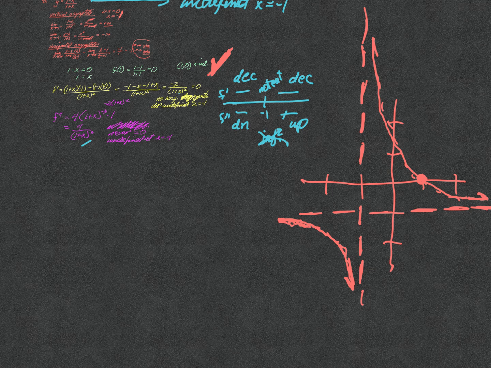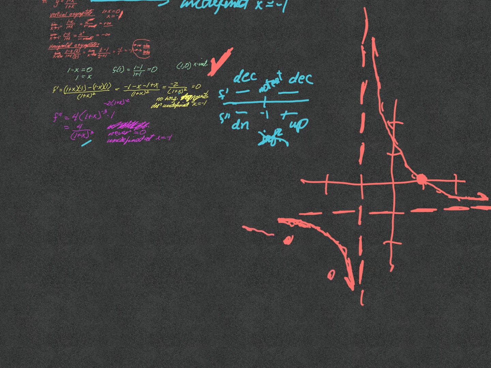Now, what you could do on the left side to make it slightly more accurate is you could say, what's the value of f of -2, f of -3, and you would plot a couple of points, and maybe those points might plot here and here.